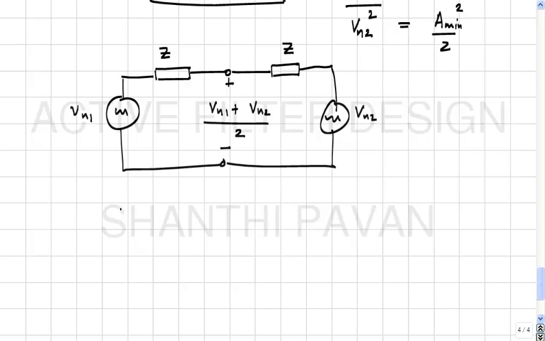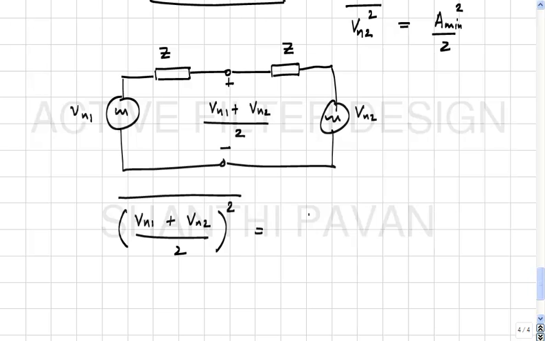So to find A min, what should I do? What am I supposed to do now? I want to find the mean square value of Vn1 plus Vn2 by 2 whole square, right?